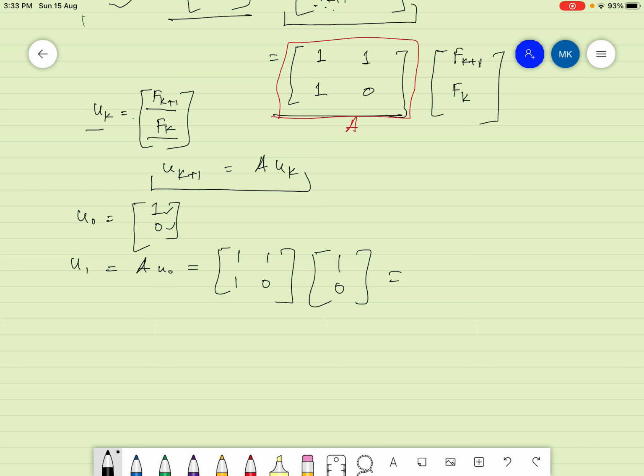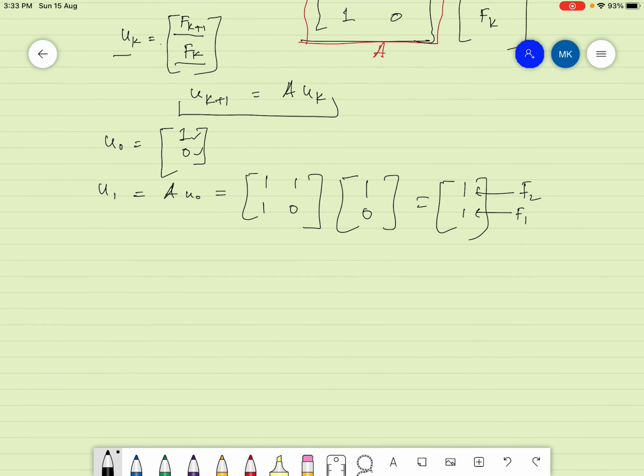So this would be 1 and 1. This is the f1 term and this is the f2 term. u2 should be A into u1, and u1 was A into u naught, so it should be A square u naught.